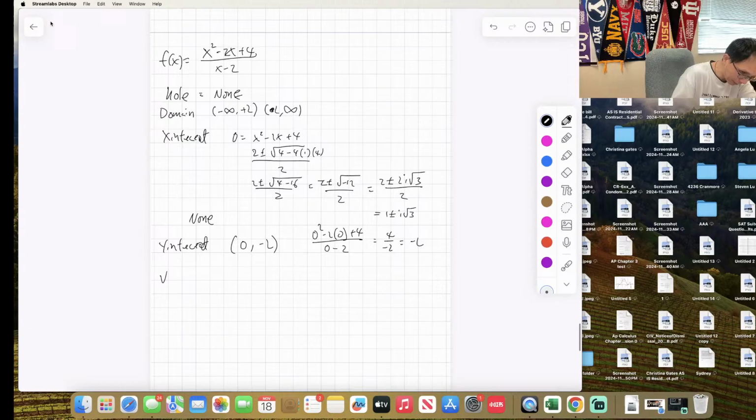Do you have a vertical asymptote? What is the vertical asymptote? x equal to 2, thank you. Is there any horizontal asymptote here? No, because the numerator has a larger degree, right? So there will be none. Does that make sense? When they have the same degree, you look at the coefficients.